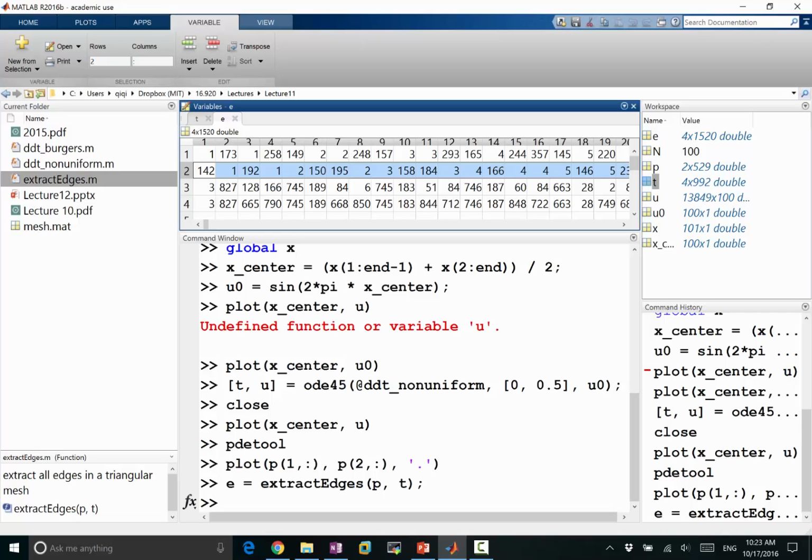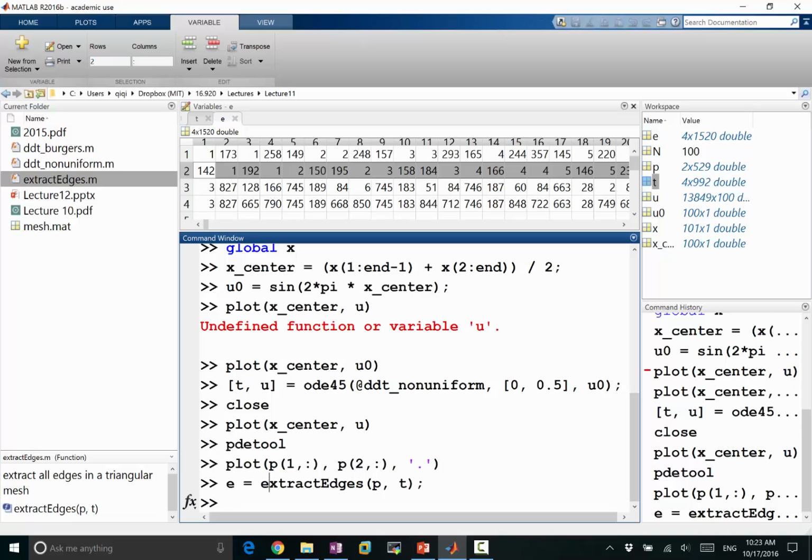So for example, let's compute ds, the distance between these 2 points, equal to P of the E1 column minus P of the E2 column, where the first dimension is x and y.